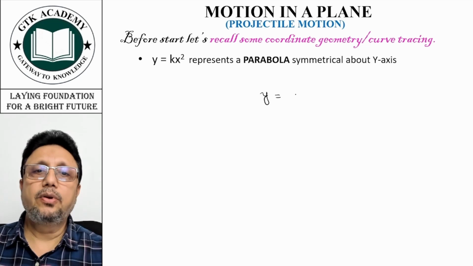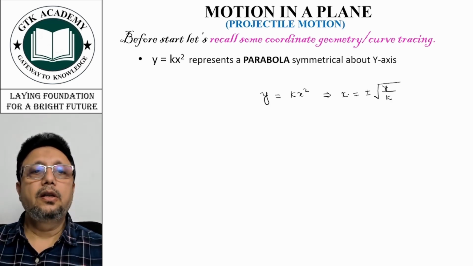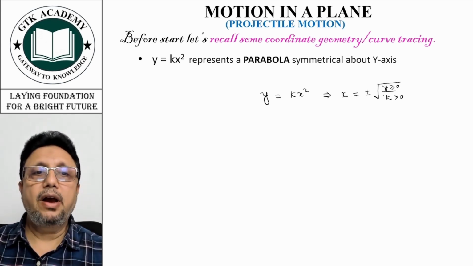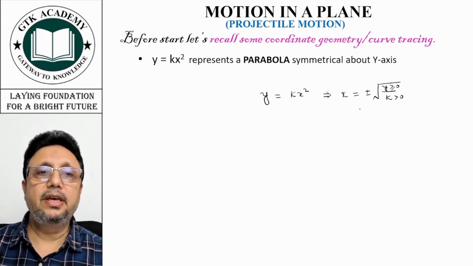y is equal to kx square. That means x is equal to plus minus under root y upon k. Now, if k is positive, y has to be positive. Otherwise, whatever you have beneath this under root is going to become negative, imaginary.